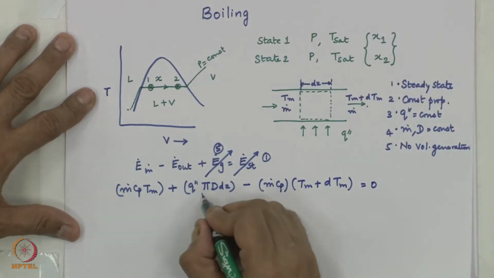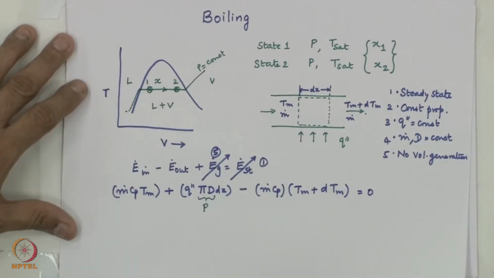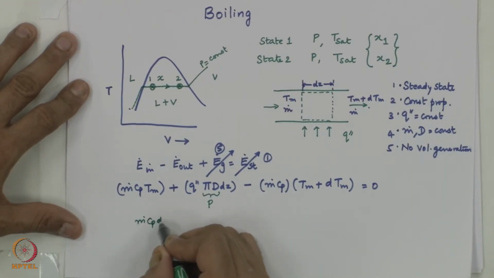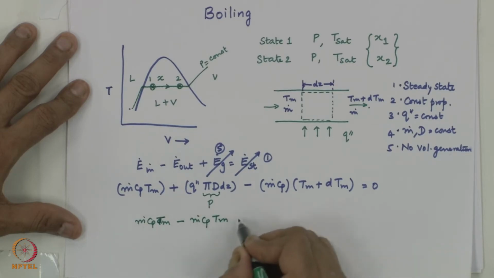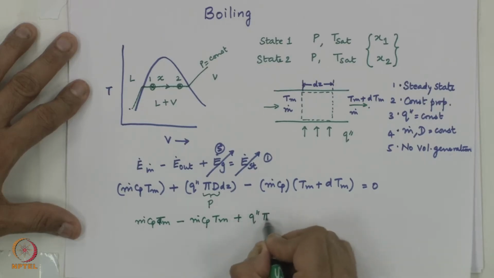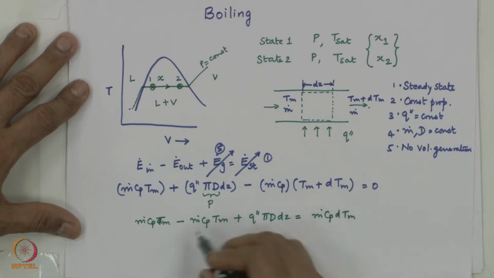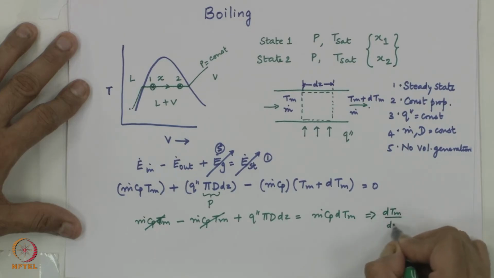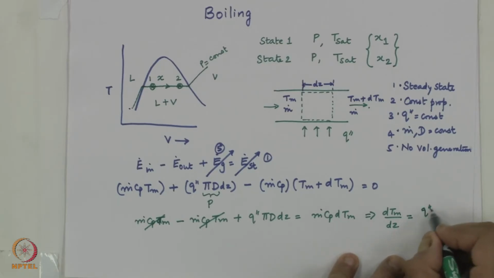This pi d dz for other geometries can be replaced by perimeter P into delta z, and if I simplify this, I would get m dot Cp T_m minus m dot Cp T_m plus q double prime pi d dz is equal to m dot Cp dT_m, and this simply gives me dT_m by dz is equal to q double prime pi d by m dot Cp.